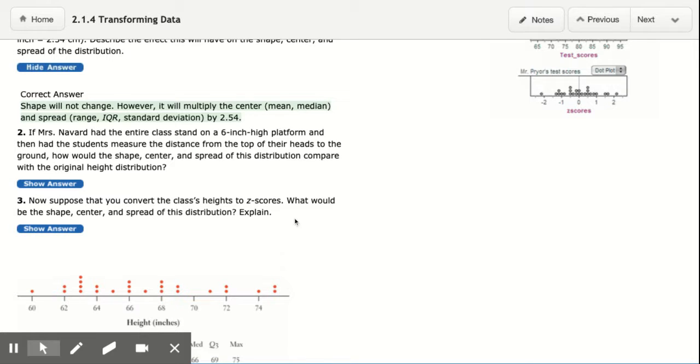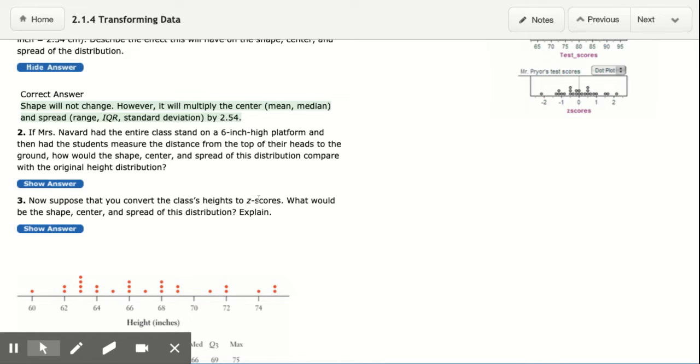The only difference is that the mean and the median, of course, are going to be much larger because the numbers will have been multiplied by 2.54. The spread also is that the smaller number, when you multiply it, is going to be multiplied by 2.54, but these larger numbers also will be multiplied by 2.54, which causes the spread to increase as well.